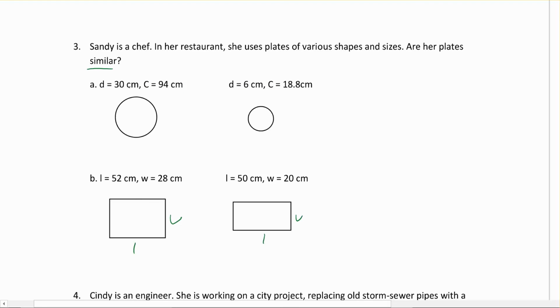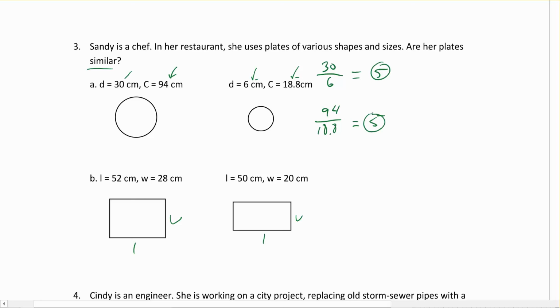So let's try that. So if we went 30, so that one there, divided by 6 of this one, well, that's equal to 5. If we go the circumference of that one, 94, divided by 18.8, that's also equal to 5. So it is similar.